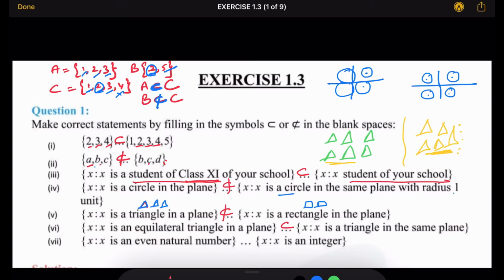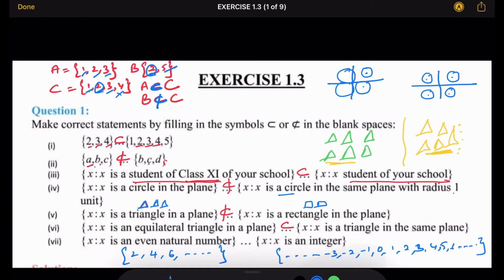Next, seventh one, {x such that x is an even natural number} and {x such that x is an integer}. Now what are the even natural numbers? Even natural numbers will start from 2, 4, 6, and so on. All these are even natural numbers. You know that integers consist of all numbers: -3, -2, -1, 0, 1, 2, 3, 4, 5, 6, and so on up till infinity.